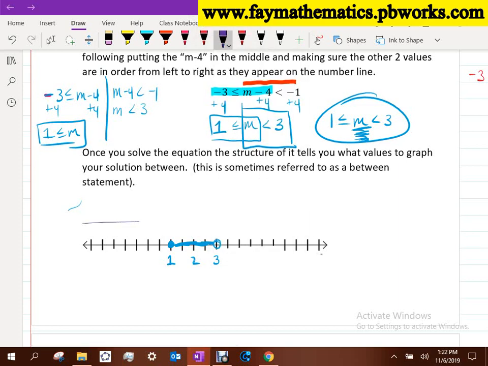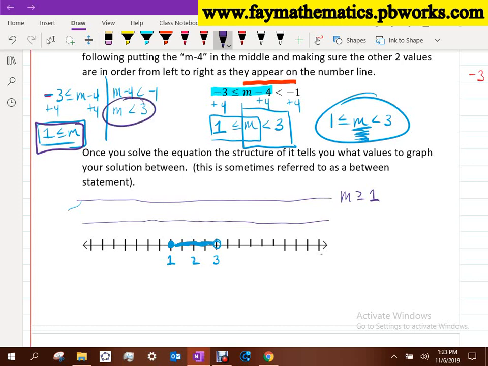So if I were to graph these things individually, there's the 1 number line, there's my second number line. Let's graph. This one here says m is greater or equal to 1, doesn't it? Start with the m greater than or equal to, and then my 1. This one here says m is less than 3.